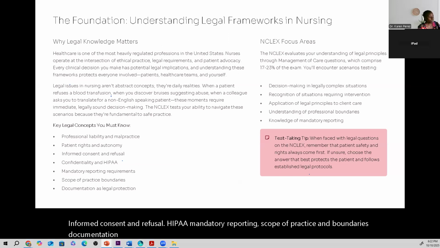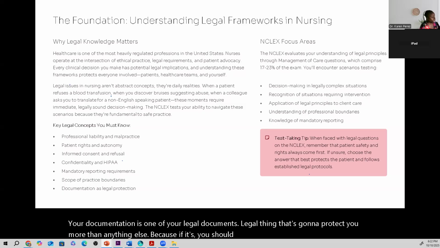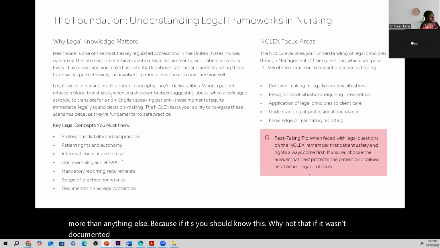And remember, your documentation is one of your legal documents that's going to protect you more than anything else, because you should know this: if it wasn't documented, it wasn't done.